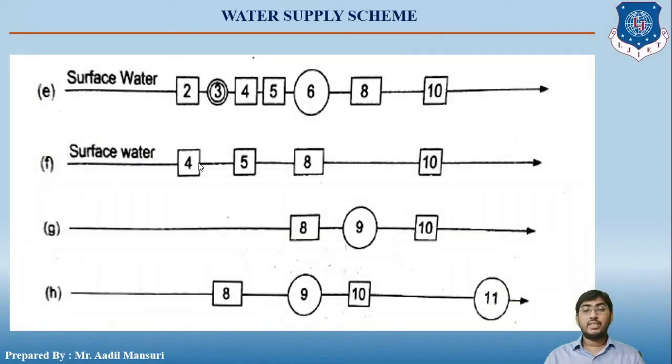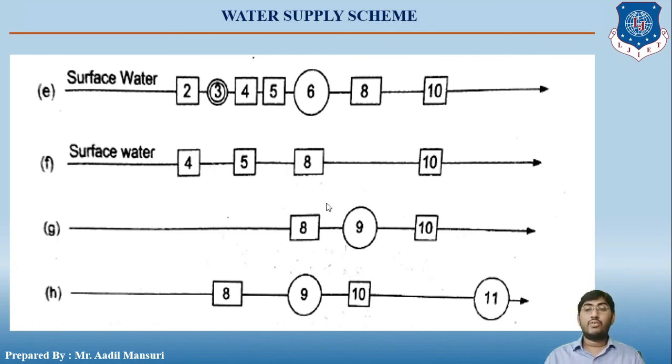Okay, so next is conventional treatment including pre-chlorination, aeration, flocculation, rapid and slow mixing and sedimentation, then rapid gravity filtration and post-chlorination, which are adopted for highly polluted surface waters laden with algae and other microorganisms.